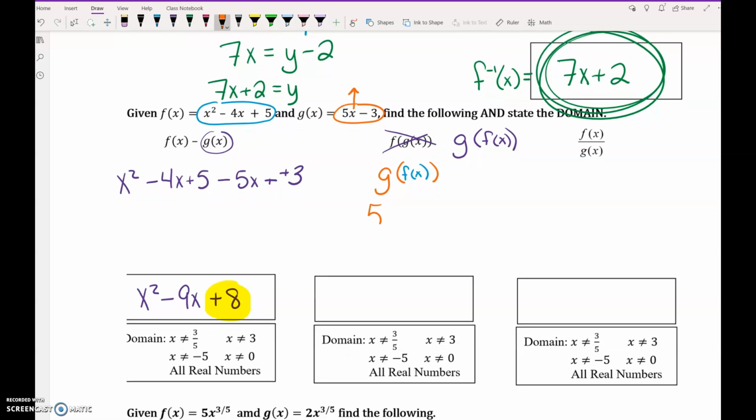So the g function is 5 times something minus 3. Take that x out and put parentheses in. Inside those parentheses, you're going to put the entire f function, x squared minus 4x plus 5. Now you need to distribute. And then combine like terms.